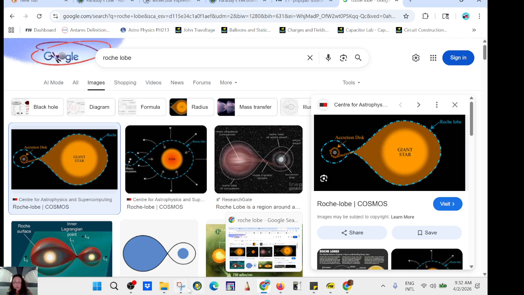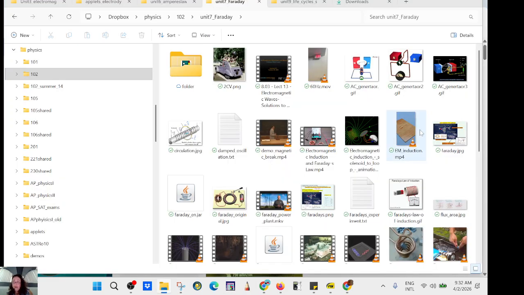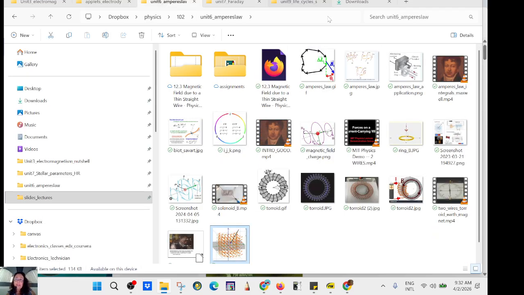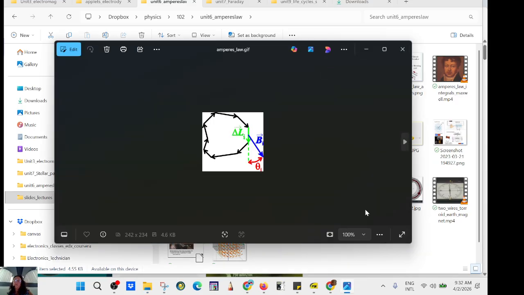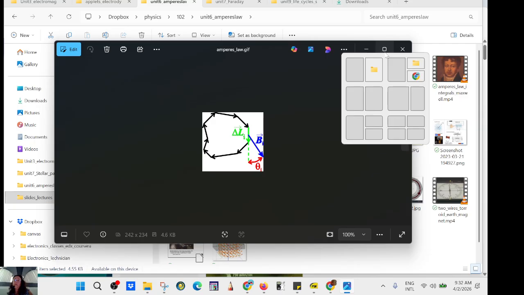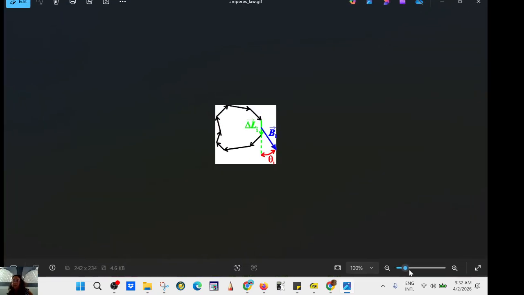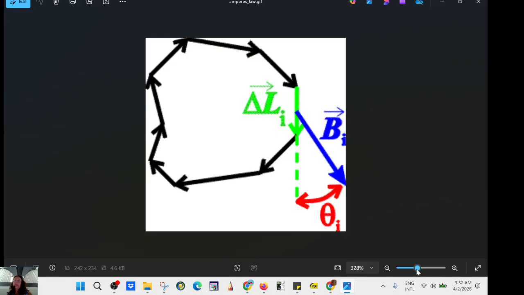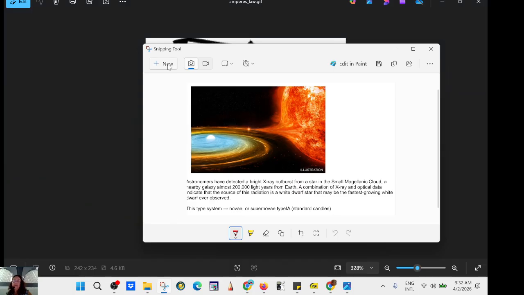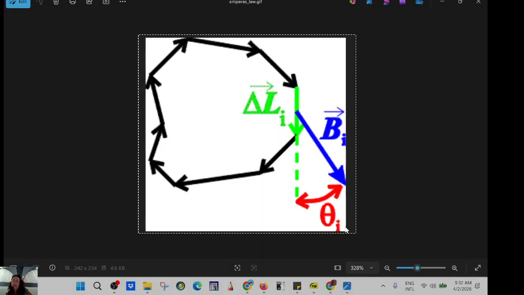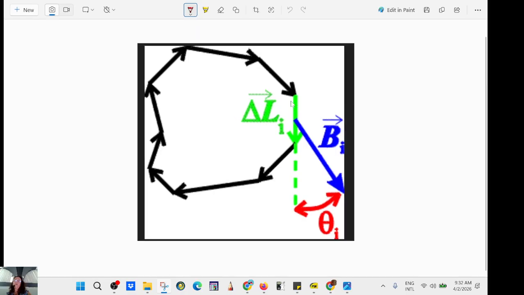Okay, let's look at the pop quiz. So Ampere's law. Just a quick review here. So Ampere's law says that if you take a path, okay, it's an invisible path, so the path is in your mind, right?